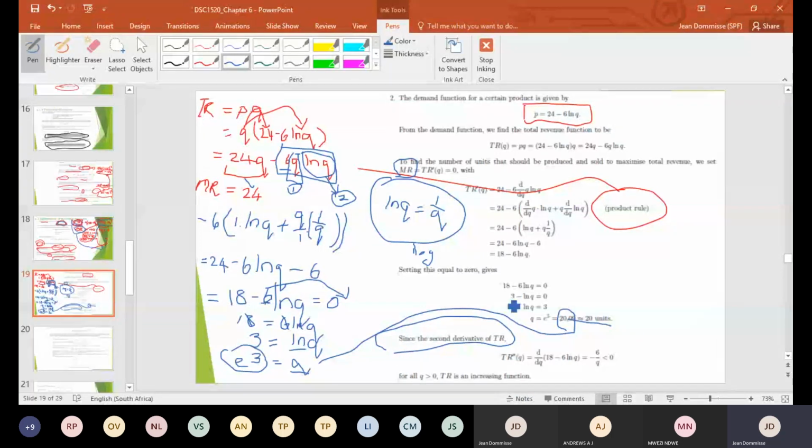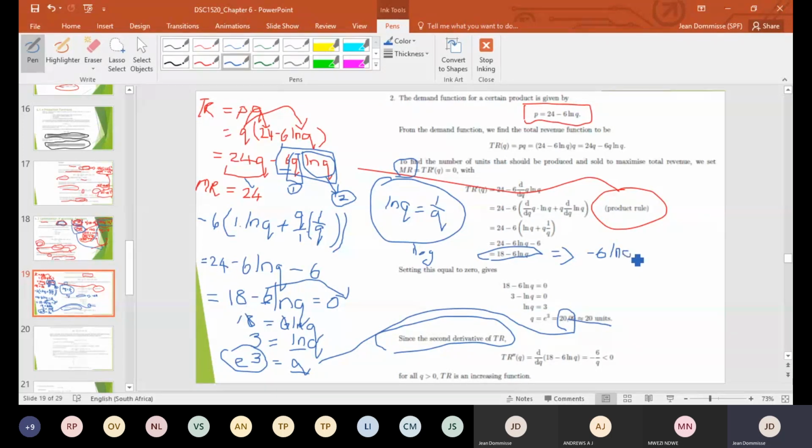So the second derivative of that: 18 will fall away because that is a constant.